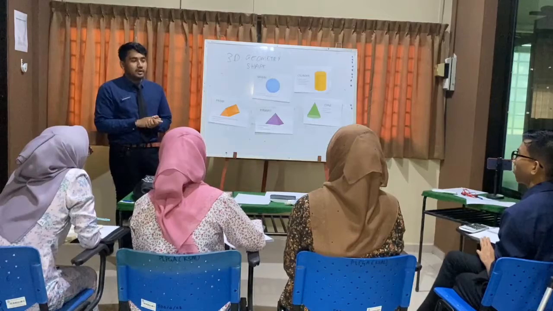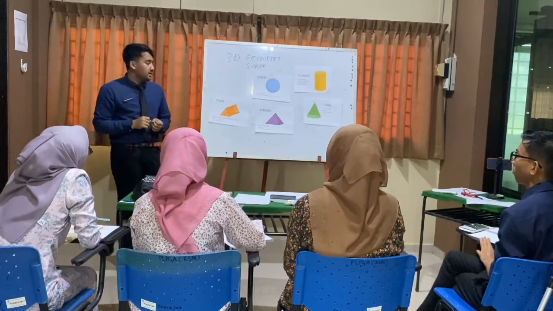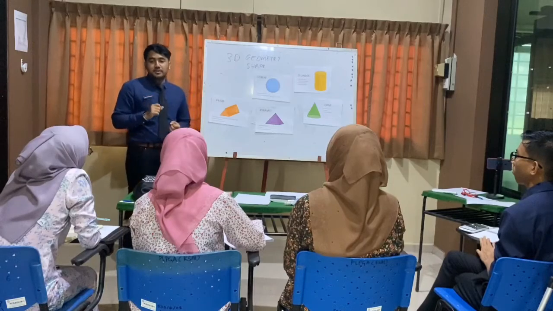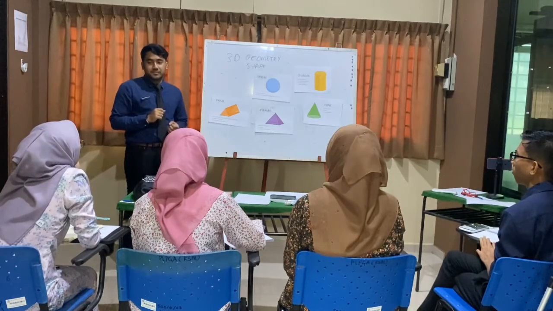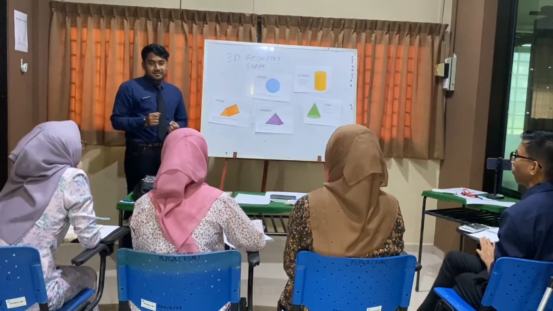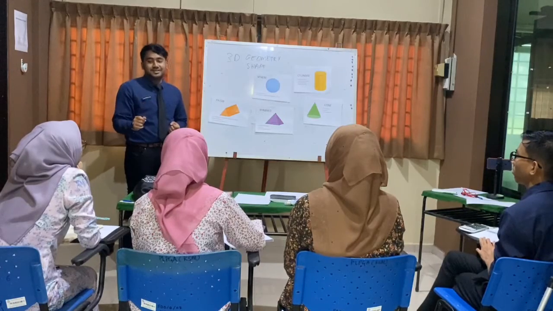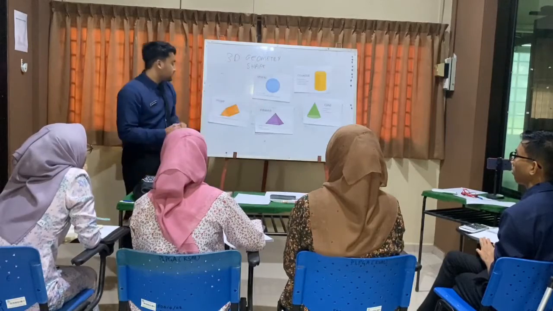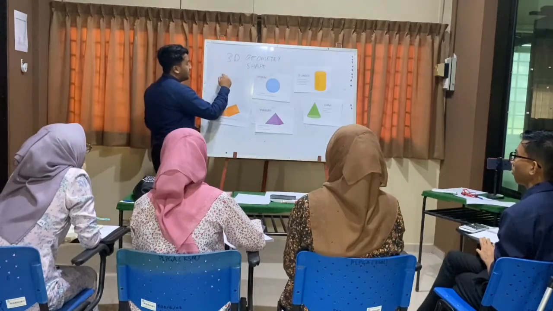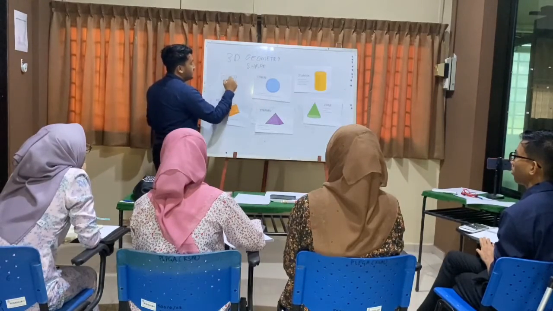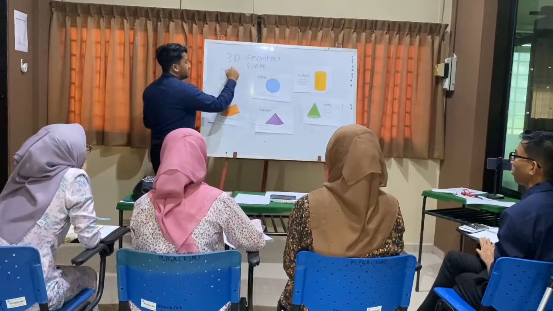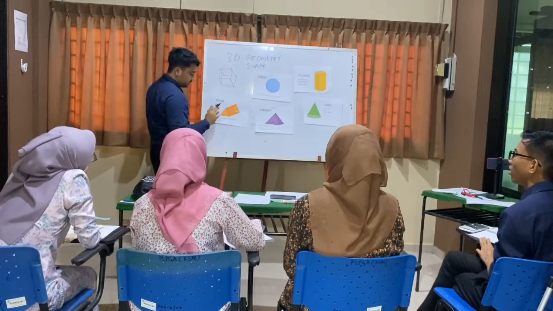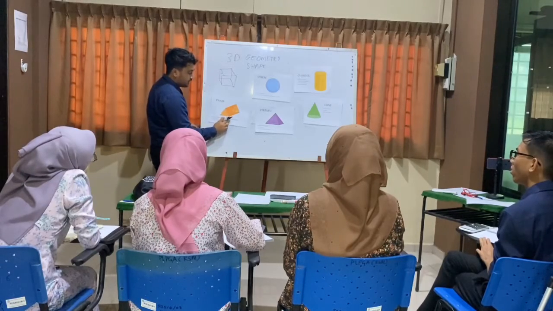For now, I want to ask for a volunteer: is a cube considered a prism or not? No. Because... Right, yes, triangle. Actually, it is considered a prism too. This is because it has rectangular sides, and it is based on polygons that are congruent.